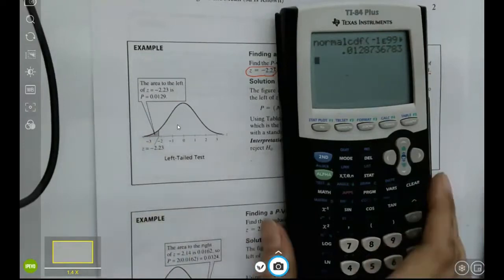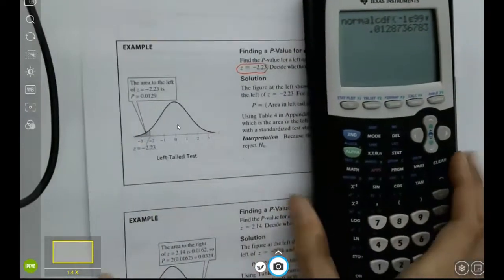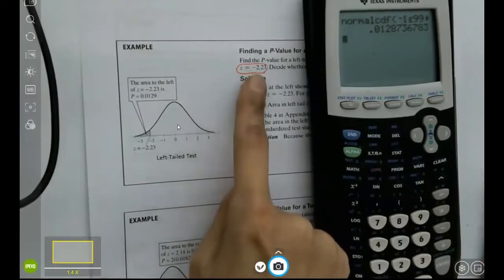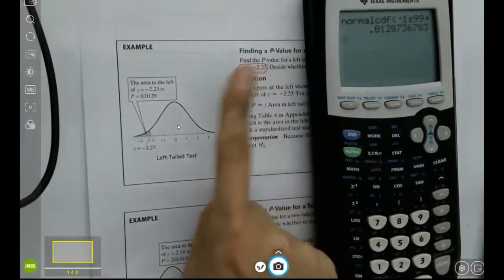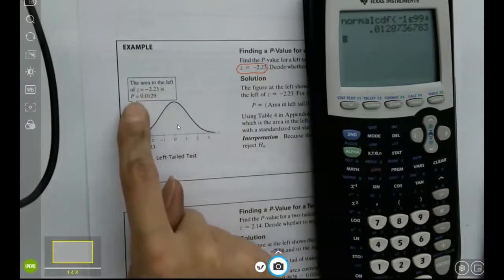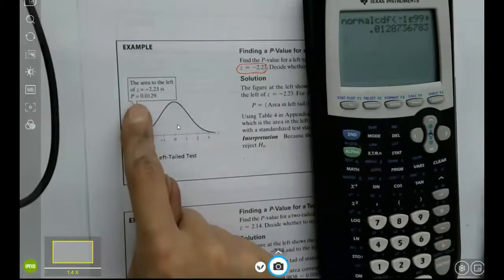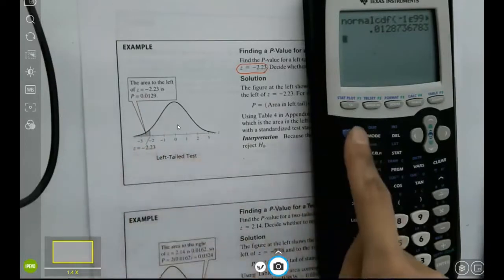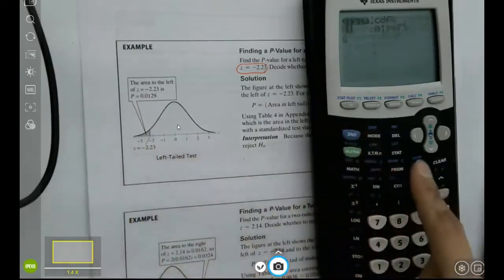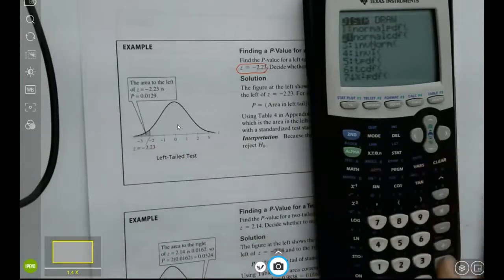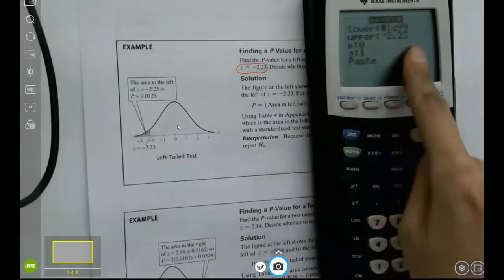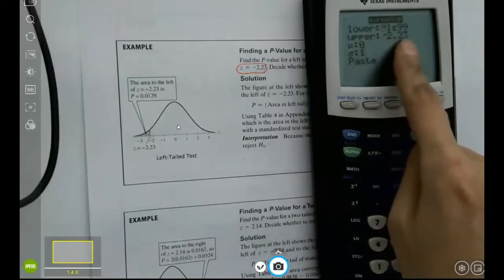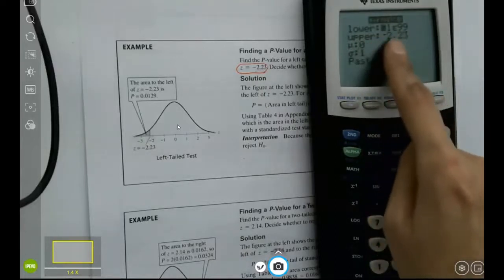Sure. So z is given to us, negative 2.23. We're going to find the p-value. We learned p-value is the probability, the area to the left of z, the given z. So we go to second, vars, normal CDF, lower limit negative 100, negative 1,000, a very small number on the left-hand side.